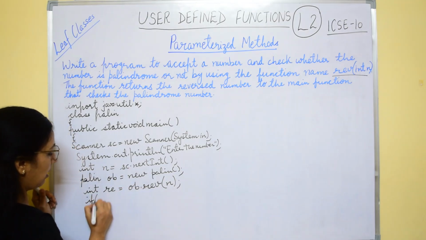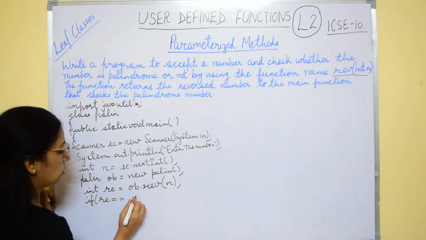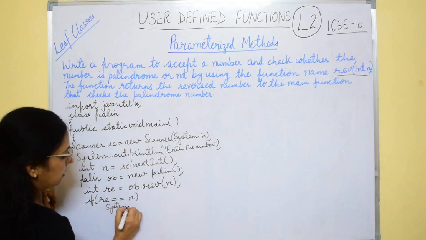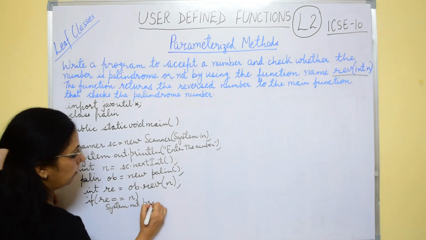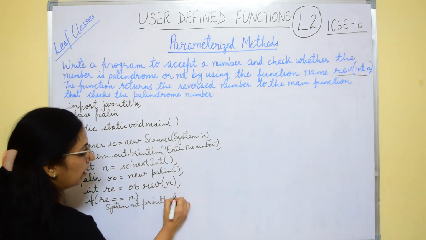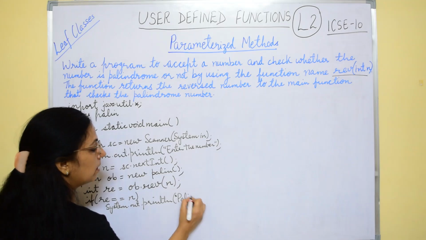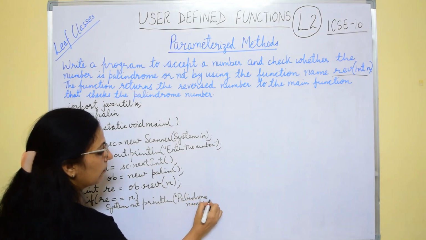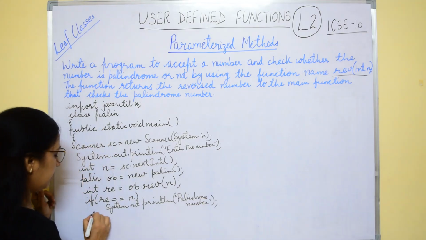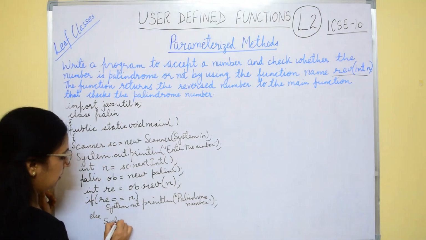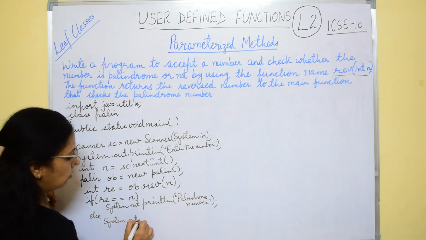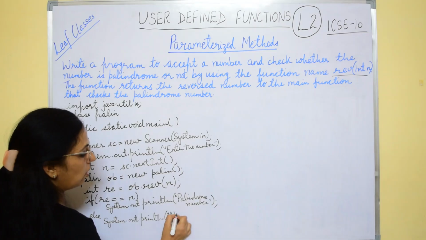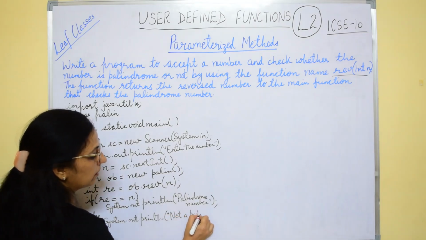Now we will check if re is equal to n, print System.out.println palindrome number, else print System.out.println not a palindrome number.